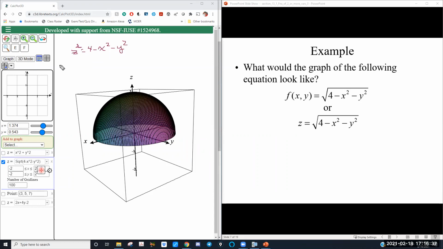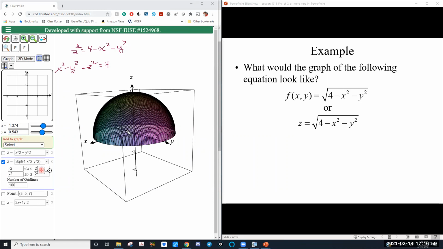If I add the x squared and y squared to the other side, I get x squared plus y squared plus z squared equals 4. This would be the equation of a sphere with a radius of 2. That just comes from our distance formula. All the points are equidistant from the origin.